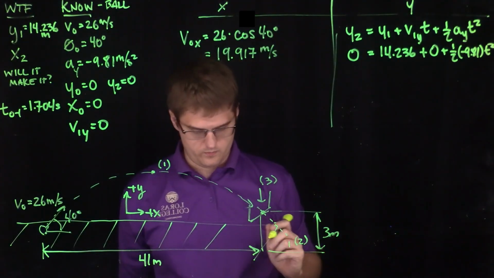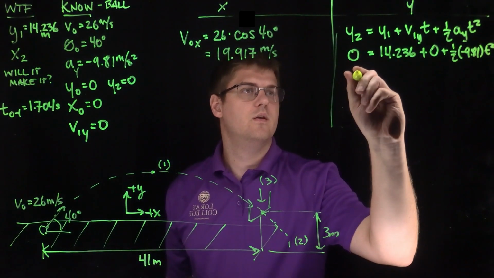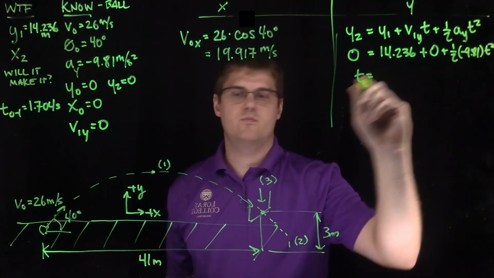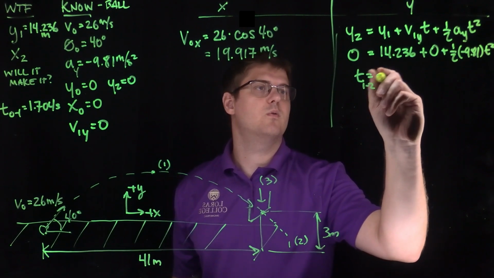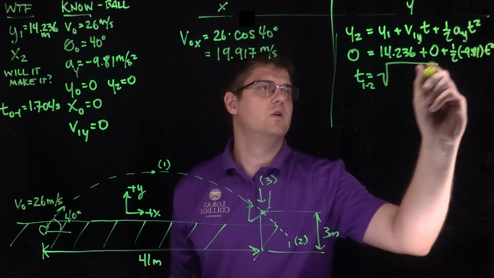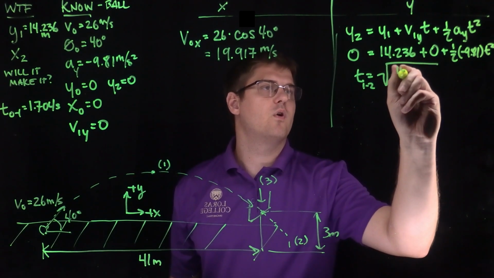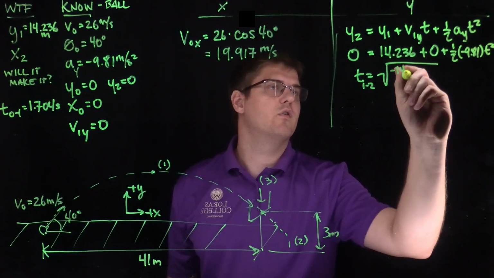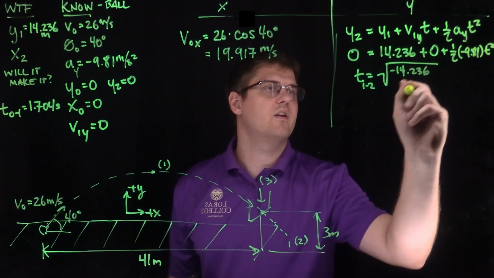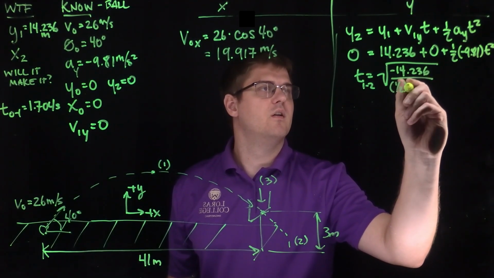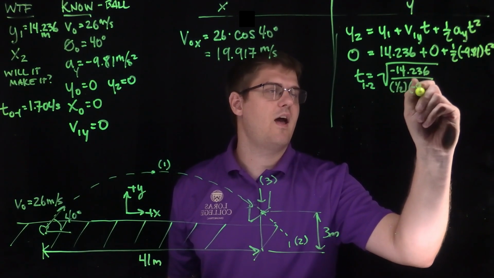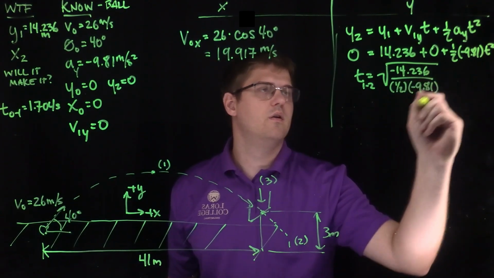So we end up with time between 1 and 2 equal to the square root of negative, because I've got to move it over, 14.236 divided by 1/2 times negative 9.81.